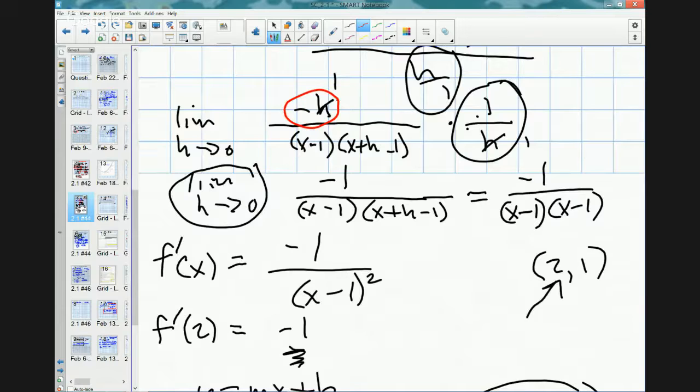By the way, do you see that I've inverted and multiplied? I was dividing by h over 1. Now I'm multiplying by 1 over h. And that's where the beautiful thing happens. Of course, this h will cancel with that one, allows us to simplify, and we're down to this guy right here.